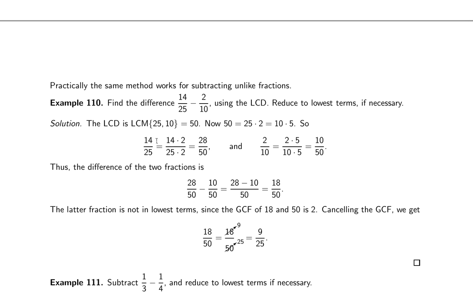We just need to multiply the first one by 2, so that's 28 over 50. What do we need for this 2/10? Well, 10 times 5 is 50, so we need 5's here. So 2 over 10 is equivalent to 10 over 50. So this is our subtraction with like fractions. That's 18 over 50.